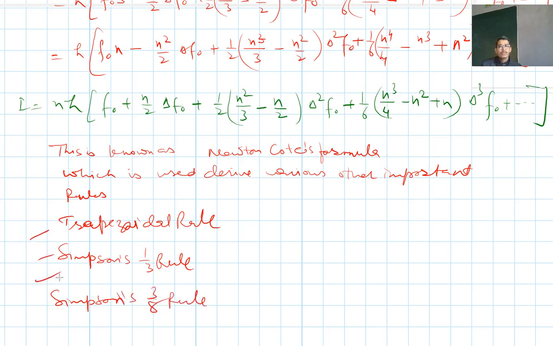These are the three rules, or other rules can also be derived, but I will talk about only these three, which we will derive using this Newton-Cotes quadrature formula, right? And they can be derived in a very simple way.